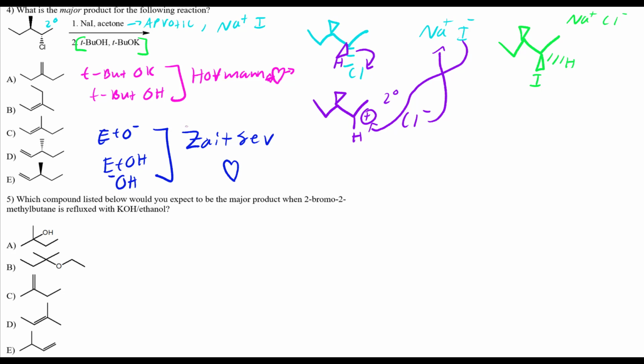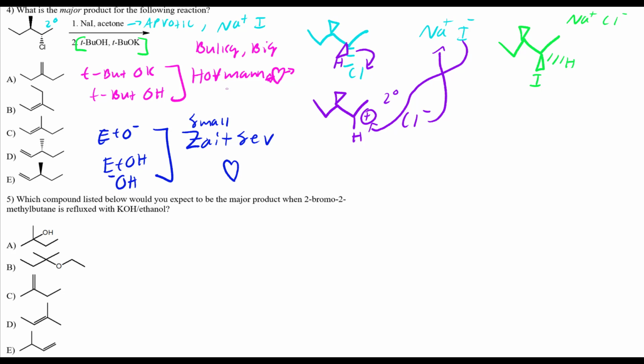The reason why they're Zaitsev favored is because they're small. And they're very strong, and they could get into nooks and crannies very easily. However, Hoffman are very big and bulky. And so your t-butyls are going to give you Hoffman reactions.